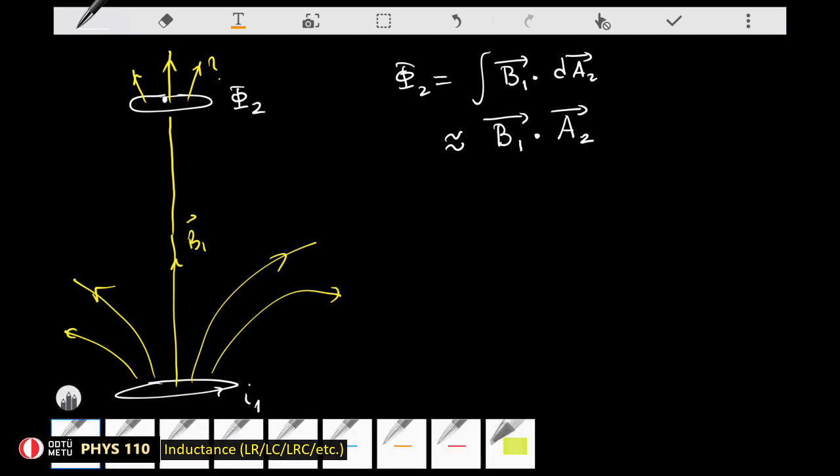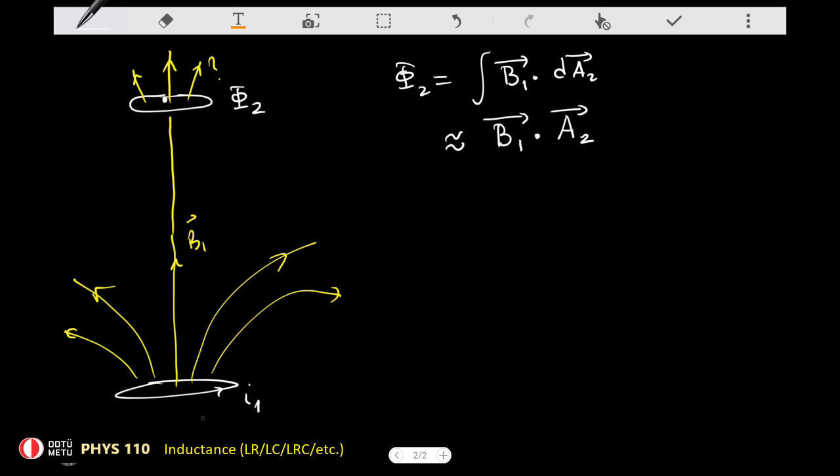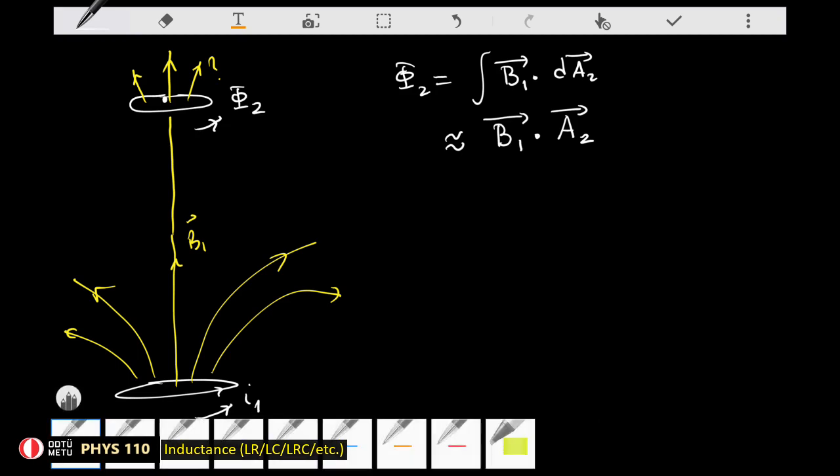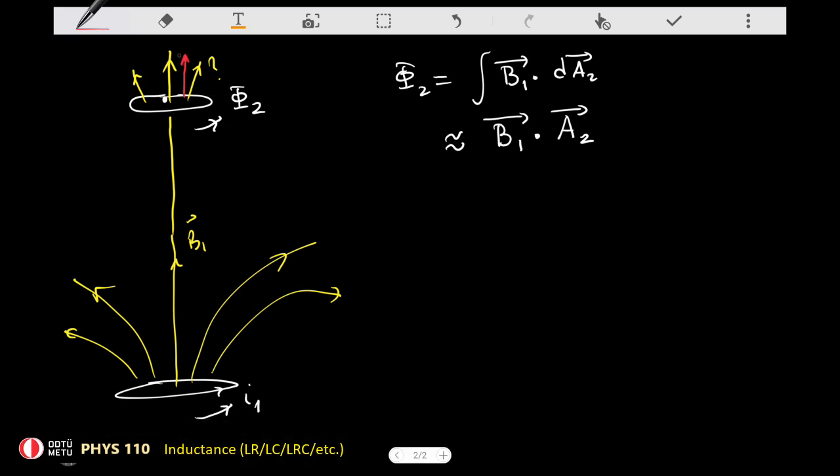All right, let's choose the directions like that. I have chosen the counterclockwise direction when looking from the top on the first circuit. I'm going to do the same thing for the second one. In that case, the area vector would be along this direction. That's A2.